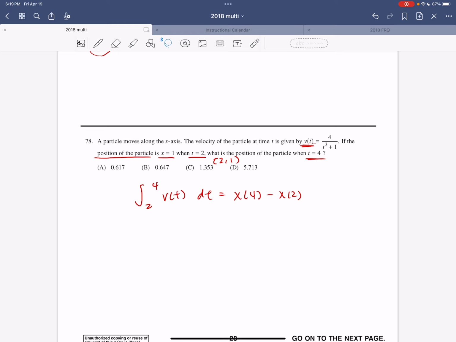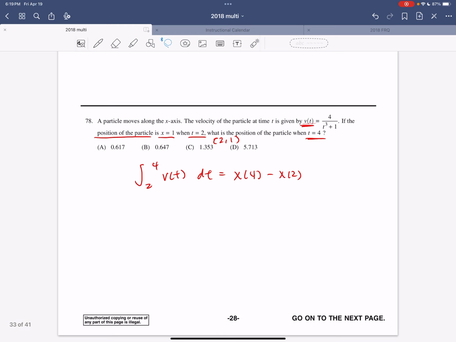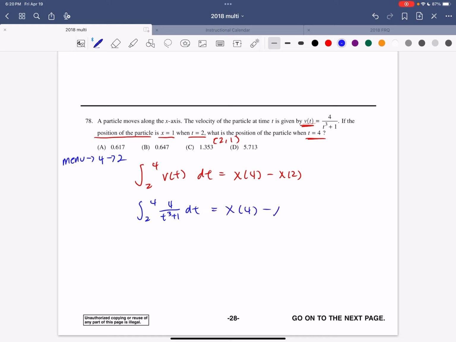Now, what you have to know is you have to put this into the calculator. In your calculator, I believe menu, calculus is 4, menu 4 2, and then you plug in the integral from 2 to 4 of 4t to the third power plus 1 dt, which equals x of 4 minus x of 2.